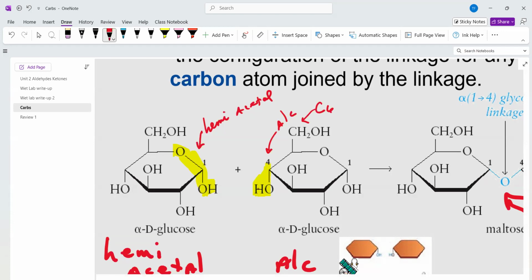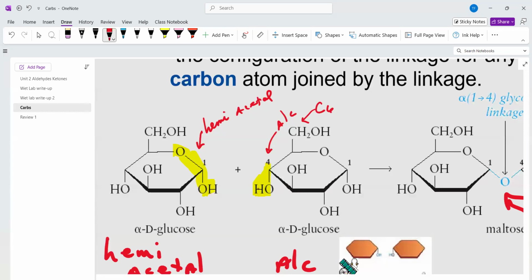But most of the time it attaches to carbon 4 because it's the most clear, hindrance-wise OH. In other words, it's out in the open the most. So there's less interference with carbon number 4. That's not to say that it can't link up with carbon number 3 or carbon number 6 or carbon number 2, because those all exist biochemically. But carbon 4 is the most prominent. It's hooking up to carbon number 4.